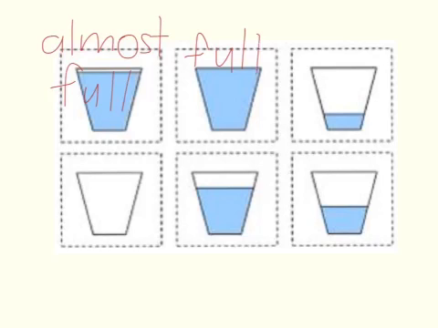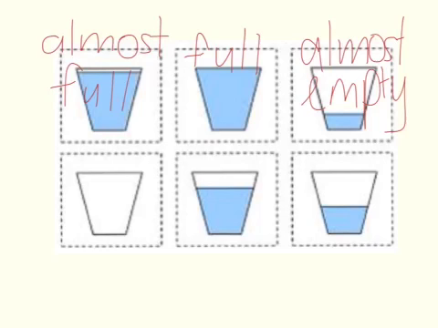Look at the next one here. Oh, it's right down the bottom. So that one I would say is almost empty. Almost empty. Okay, then this one here, oh, there's nothing in it at all. So we would describe that as empty.